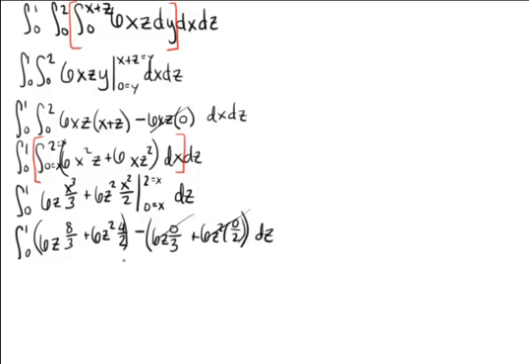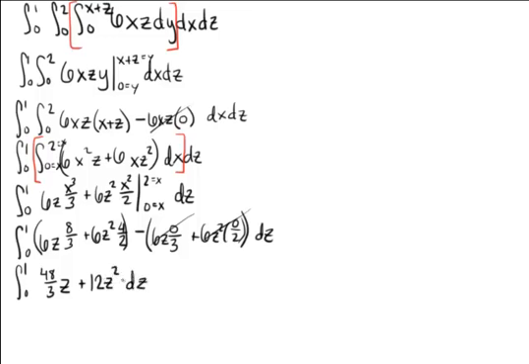So this cancels, and we're left with 6 times 8 is 48 thirds z plus 6 times 2, which is 12 z squared, dz.